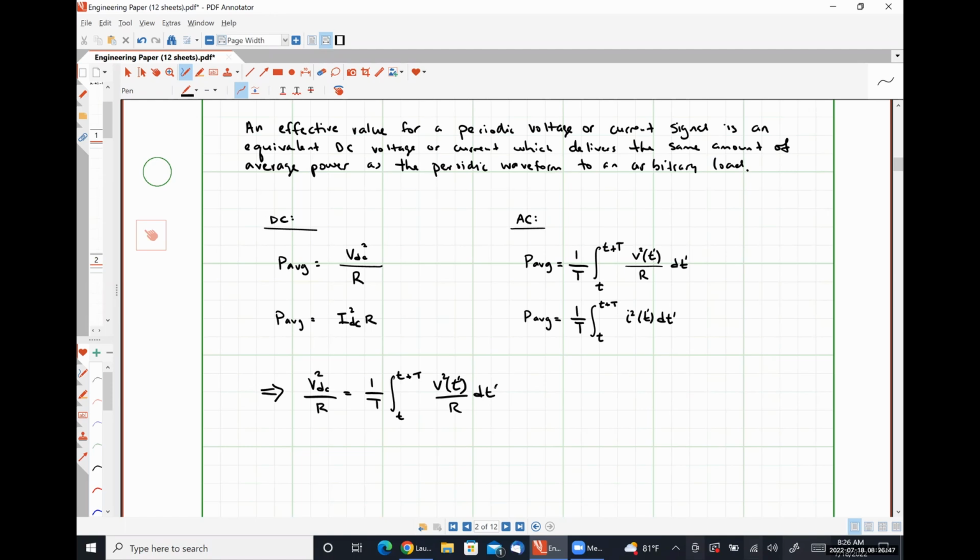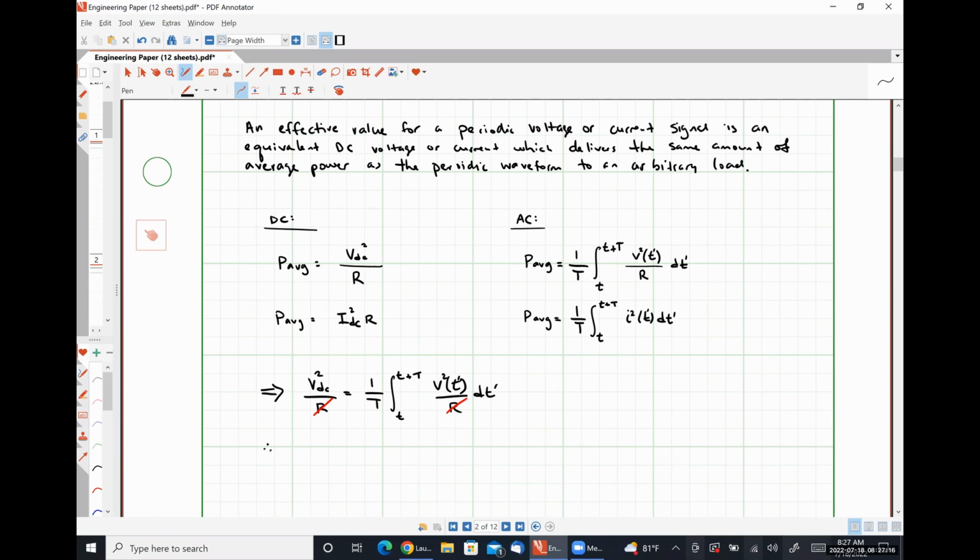Well, there's a common factor of 1 over R on both sides, which means the actual value of the load we're delivering power to doesn't even matter, right? Those 1 over R terms cancel each other out. And from here, solving for V_DC is rather trivial. We just take the square root of both sides.